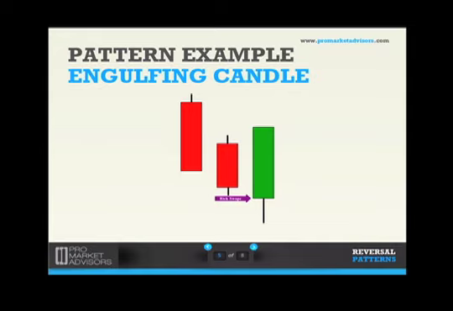From that point on, we start seeing the buyers come in, and they get stronger and stronger and stronger, such that by the end of the day, the buyers are closing that price higher than where it started the previous day. So this is a strong reversal pattern that shows that at the beginning, the initial trend is still very much in place, but they slam on the brakes, they turn around and do a 180, and they move it forward in the other direction with enthusiasm.